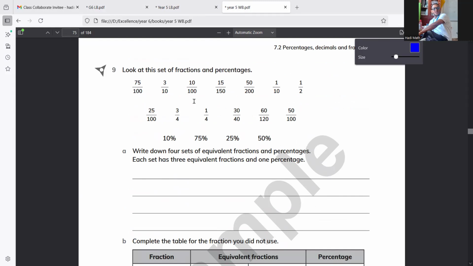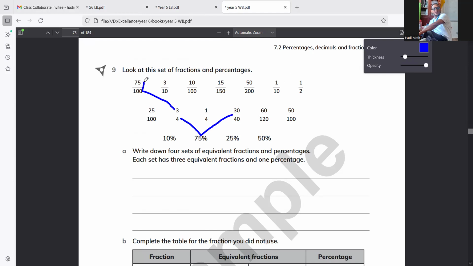We need to see all those that could be 75%. 75% we know goes with 3 over 4. Or this is 3 over 4 and then 75%. And it also goes with this 30 over 40, because 30 over 40 is the same as 3 over 4. So those 3 go together.